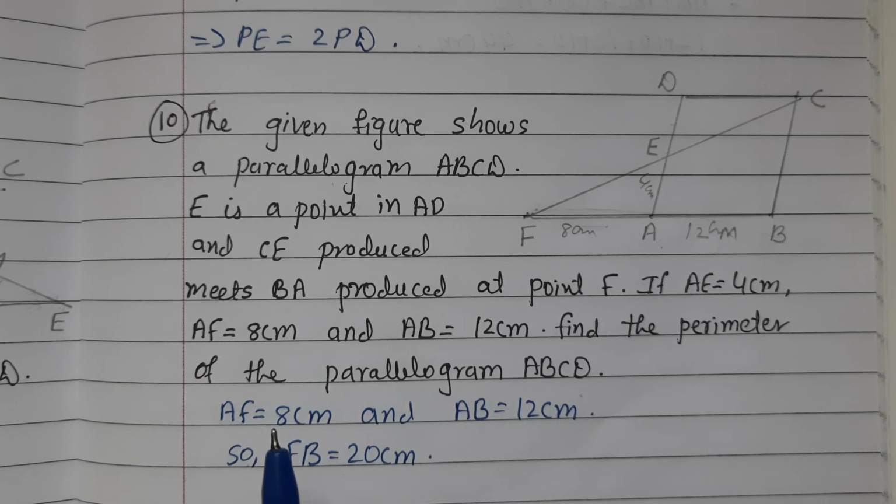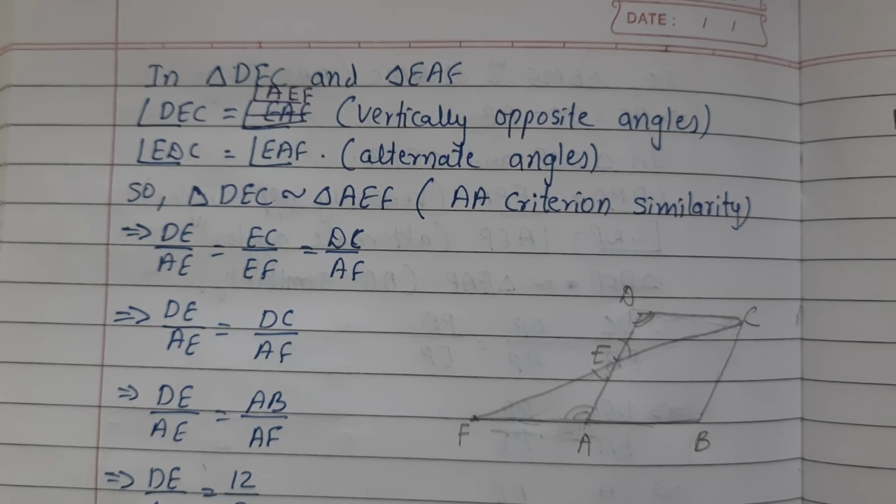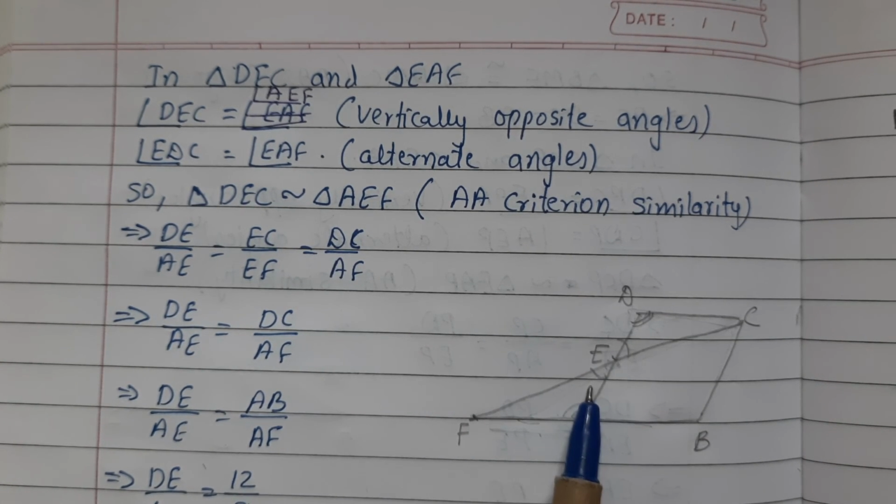Given AF 8 cm, AB 12 cm, therefore total length FB 20 cm. In triangle DEC and EAF, first angle DEC is equal to angle AEF, vertically opposite angles.